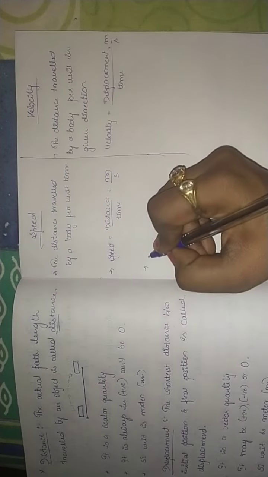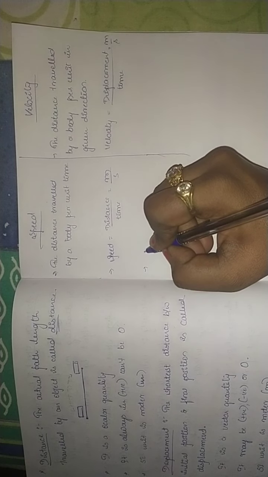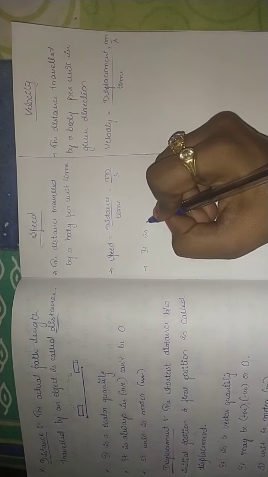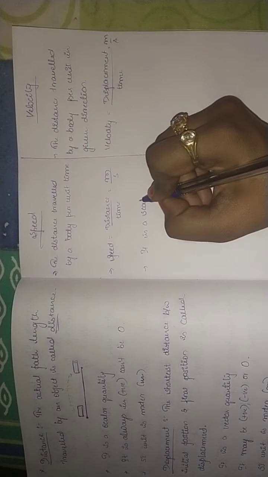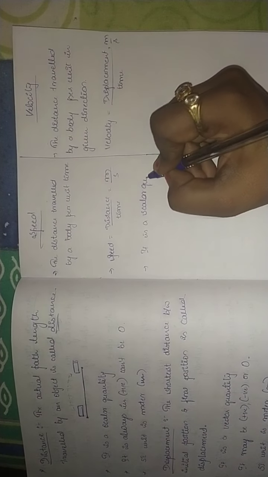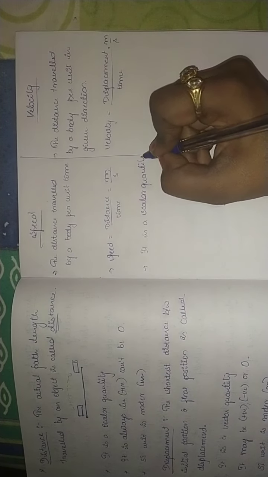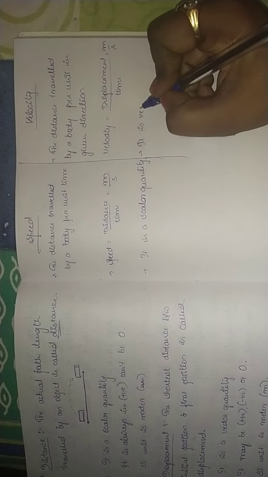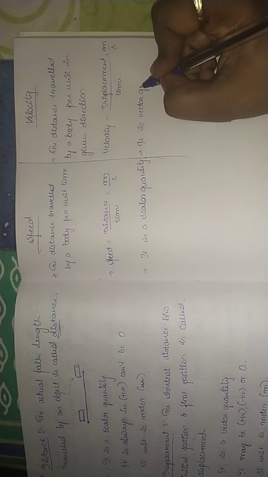Speed is a scalar quantity, whereas velocity is a vector quantity. Clear, children?